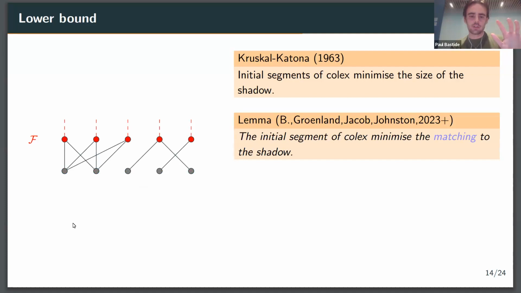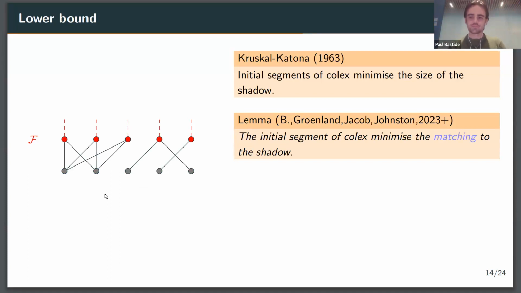This is in fact a question about matching, because I also need to have those edges to continue the chain. And we proved a statement that looks like Kruskal-Katona, but we didn't find any proof of this statement already. Maybe it's proven somewhere, but we didn't know. So if any of you know of this result already, we'll be very happy to hear about it.